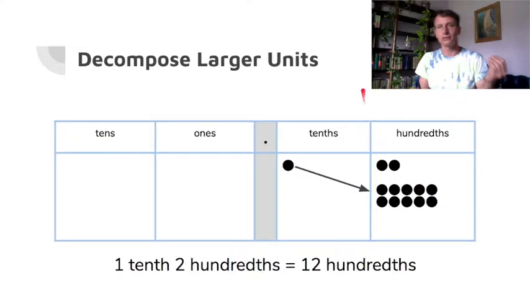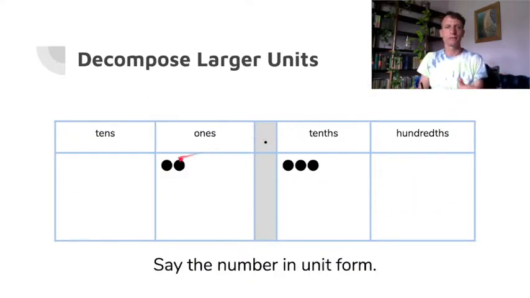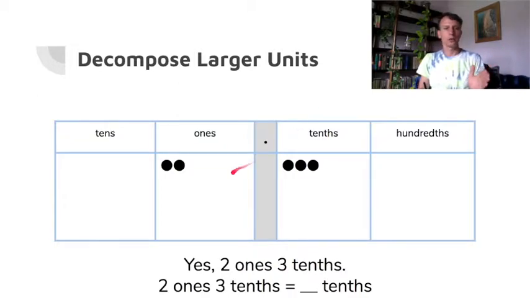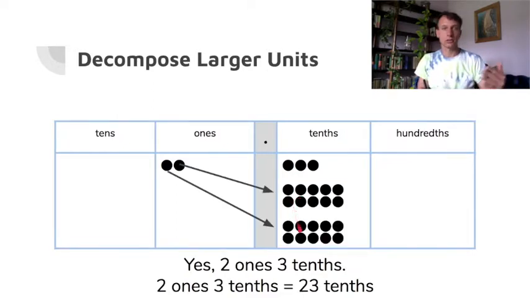Grand total of 12 hundredths. Great. Now, unit form. We have 2 ones and 3 tenths. What is that all in tenths? Well, these 2 ones are 10 tenths each, so that's 20 plus the 3 already there, 23 tenths.